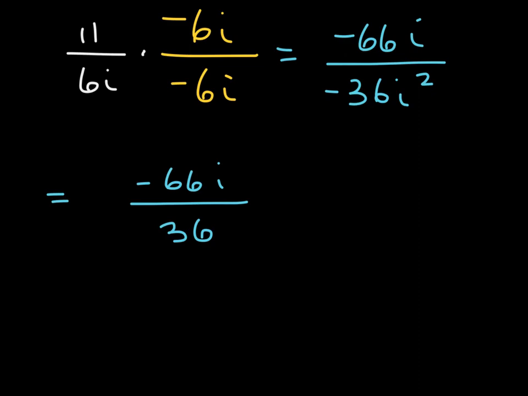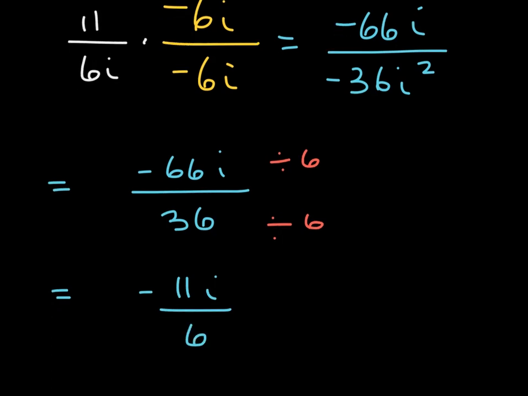We can simplify here. The GCF between 36 and 66 is 6. So I'm dividing by the GCF. I'm going to divide by 6 in the numerator and denominator, of course. And negative 66 divided by 6 is negative 11i. And then 36 divided by 6 is 6.